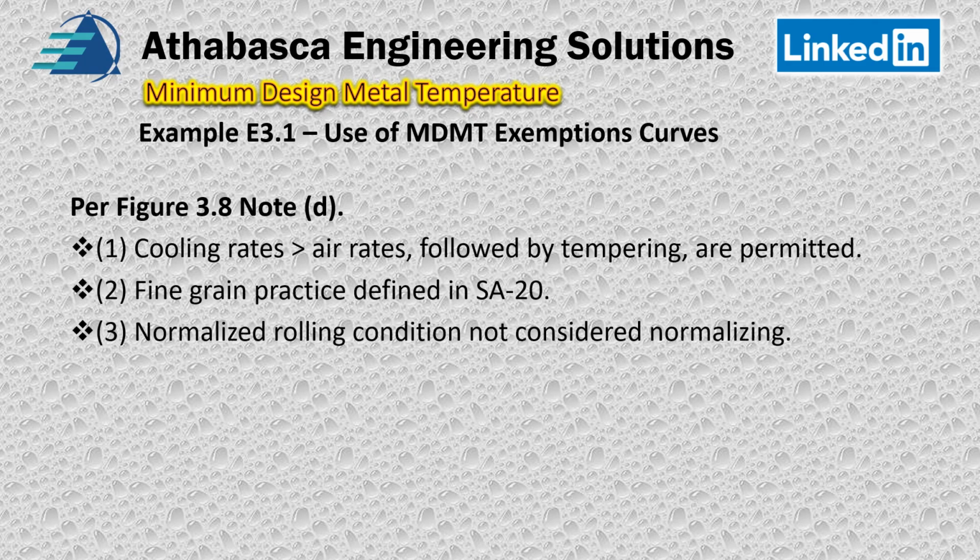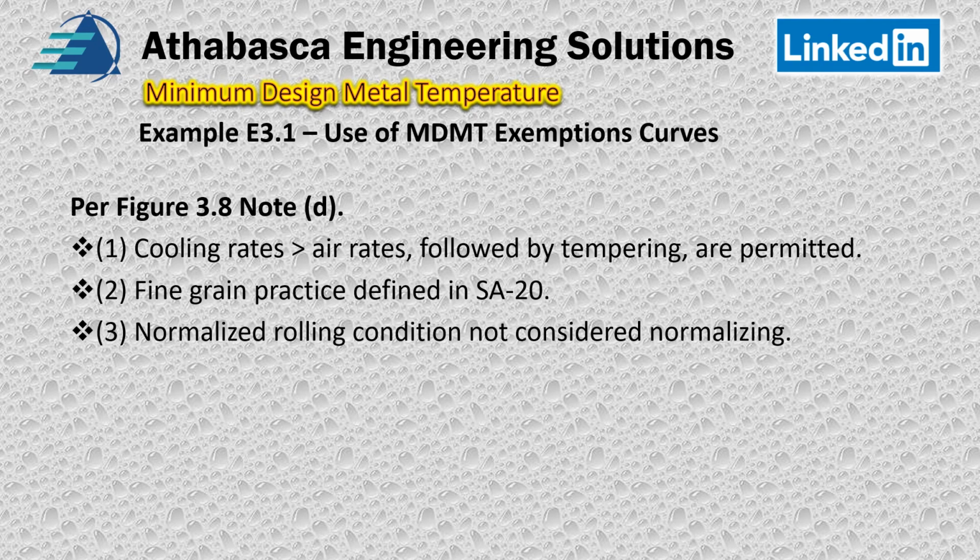So let's look at Figure 3.8 Note D. There's some exceptions because Division 2 allows you to push the envelope of what your equipment can do. There's more rules and exceptions. One of them is cooling rates. They have to be greater than air rates, followed by tempering, which is permitted.